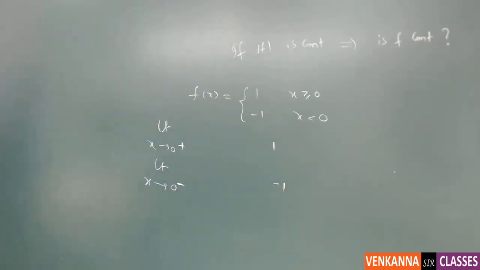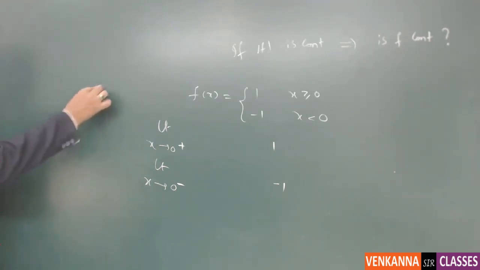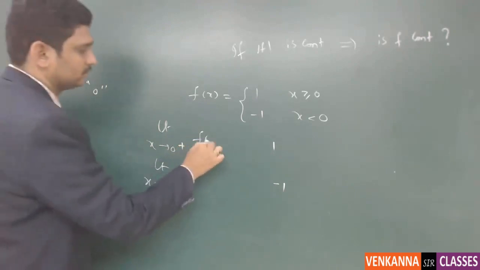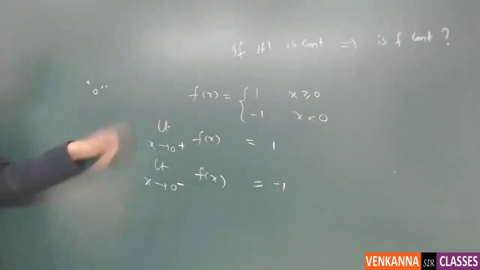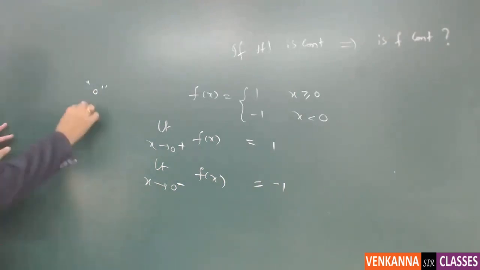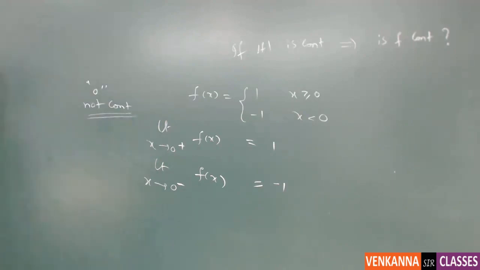Accepted? So at the point 0, the function is not continuous. Agreed or not? All of you. Because both limits exist, they are unequal, so it has a jump discontinuity.